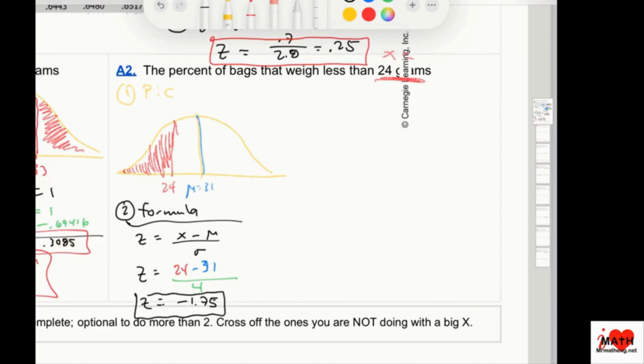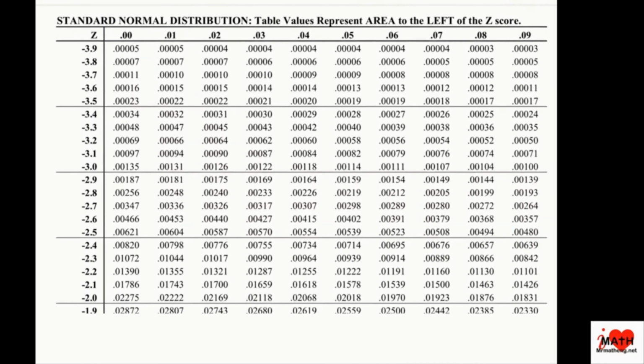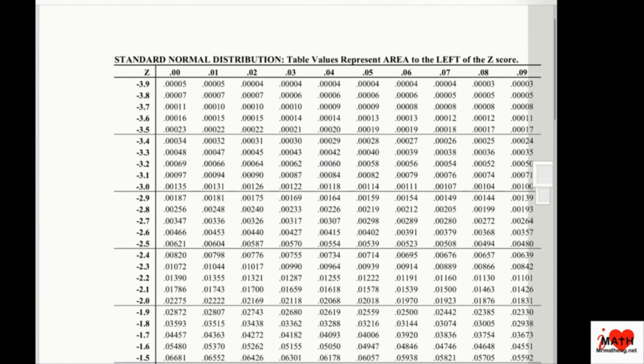Okay. So now I need to take the z-score, so step number 3. We need to go from a z-score to a percent. So we're going to look up z equals negative 1.75. Okay, here's my table. That's nice because I'm already on the negatives. So negative 1.75 is here.